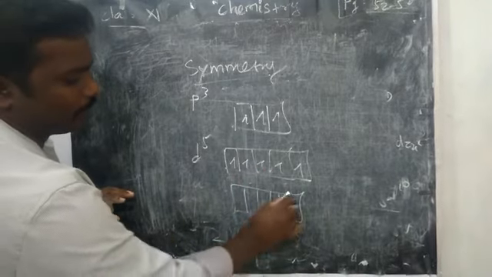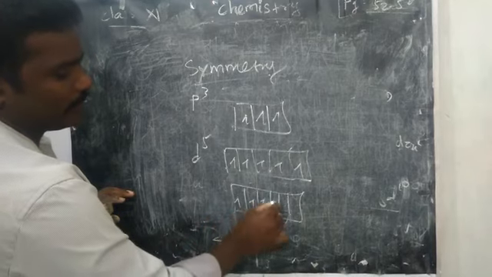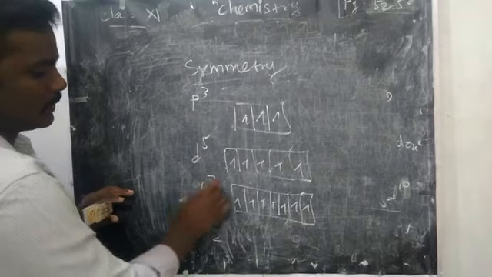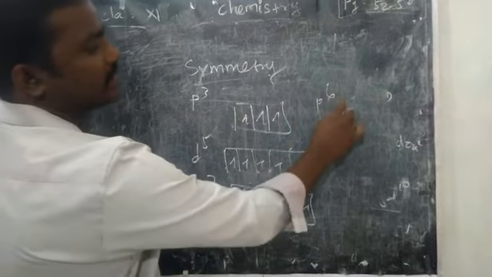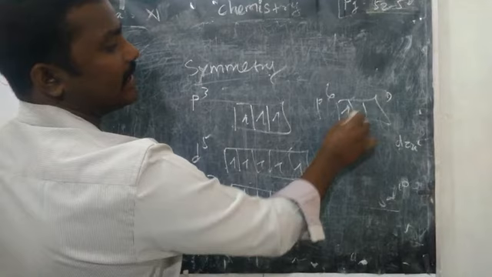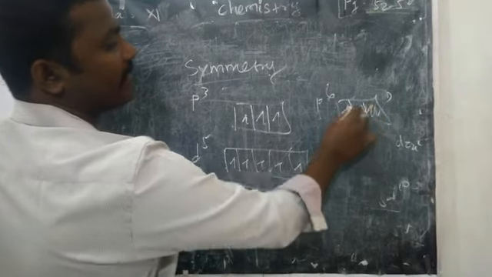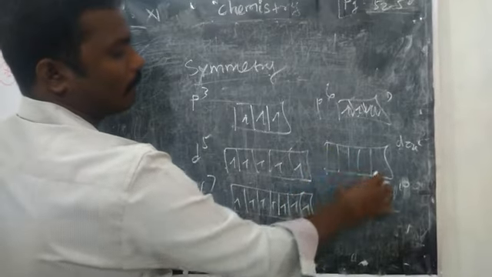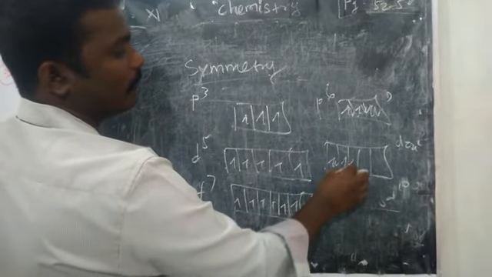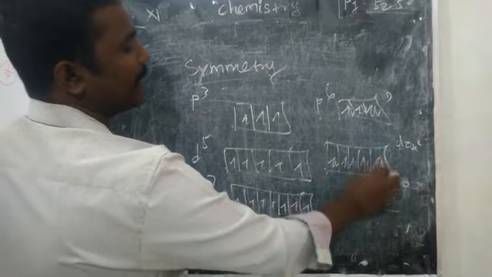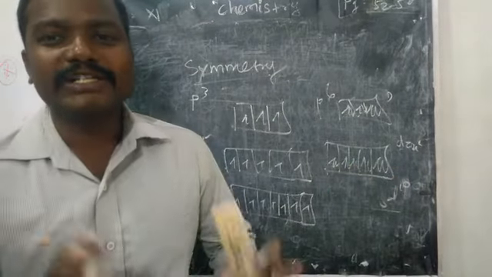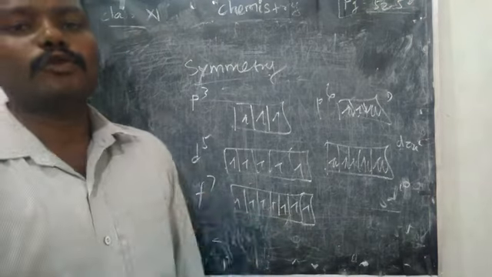F7: 3 4 5 6 7. The same way P6, all three orbitals have equal numbers of electrons. D10: 1 2 3 4 5 6 7 8 9 10. So if you see, all are equally distributed. Because of that they are more stable.